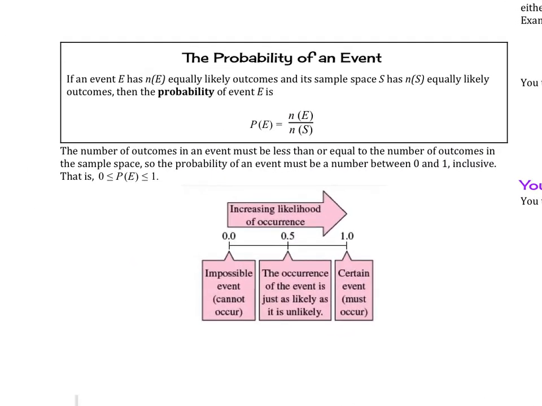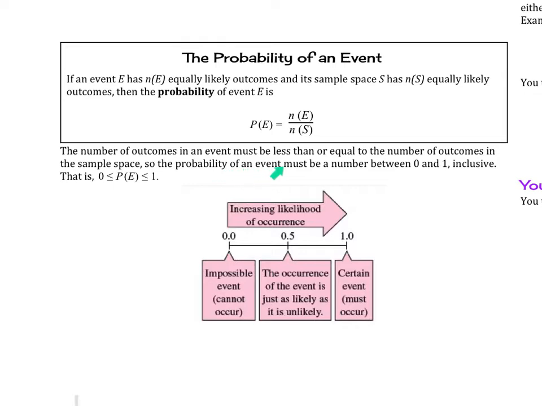Let's look at the probability of an event. If an event E has equally likely outcomes and its sample space S has equally likely outcomes, then the probability of E equals the number of equally likely outcomes over the number of outcomes in the sample space. The number of outcomes in an event must be less than or equal to the number of outcomes in the sample space.